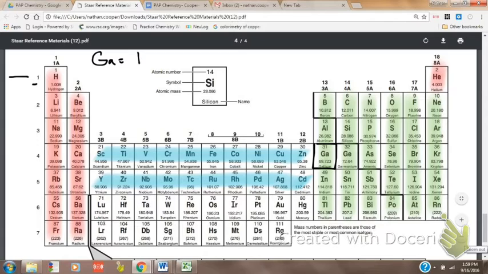And I'm going to travel through that element, starting through hydrogen and ending up at the element that I'm at. So I go all the way across, and I'm not to gallium yet, but I've gone through 1s1 for hydrogen, and I've gone through 1s2 for helium. So that's my first part of my configuration, 1s2.